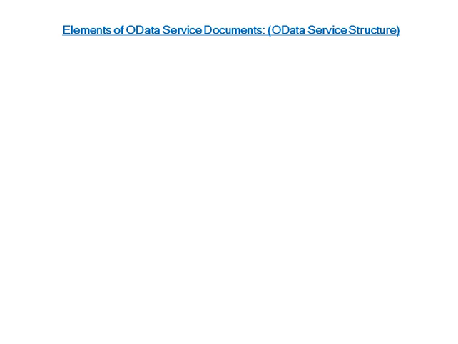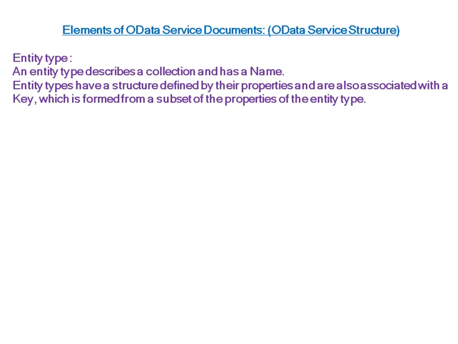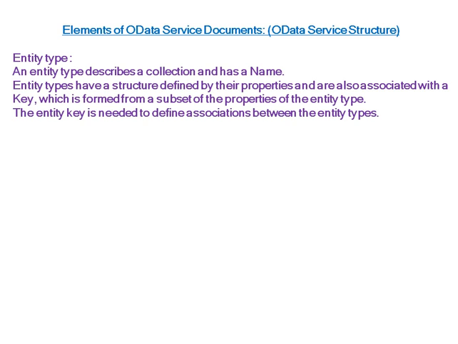Elements of OData service documents, that is, the OData service structure. Entity type. An entity type describes a collection and has a name. Entity types have a structure defined by their properties and are also associated with a key which is formed from a subset of the properties of the entity type.